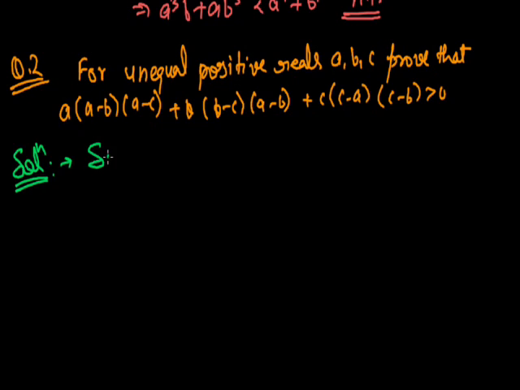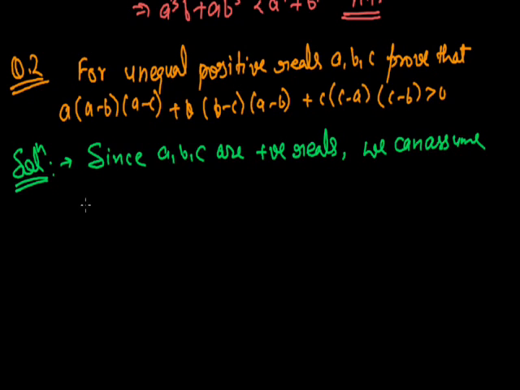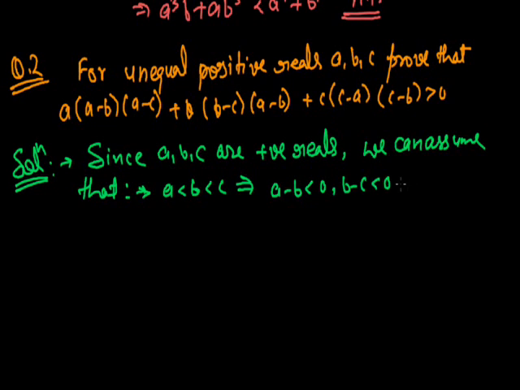Since it is given that A, B, C are positive reals, without loss of generality we can assume that A is less than B is less than C. Then A minus B is less than 0, B minus C is less than 0, and C minus A is greater than 0.